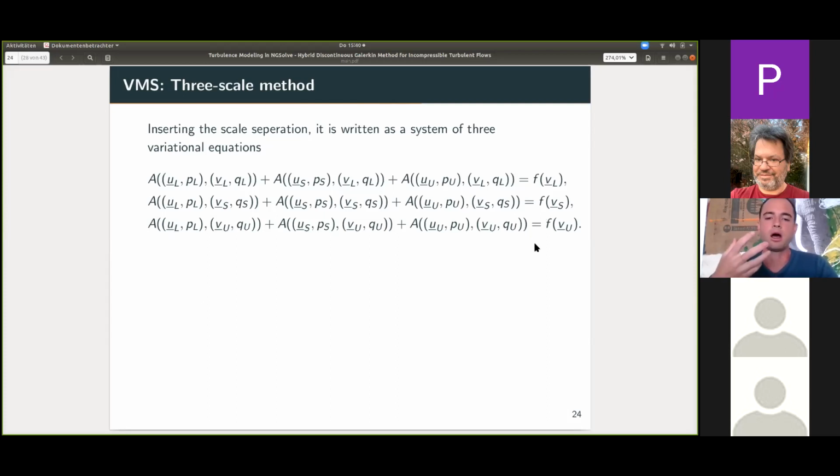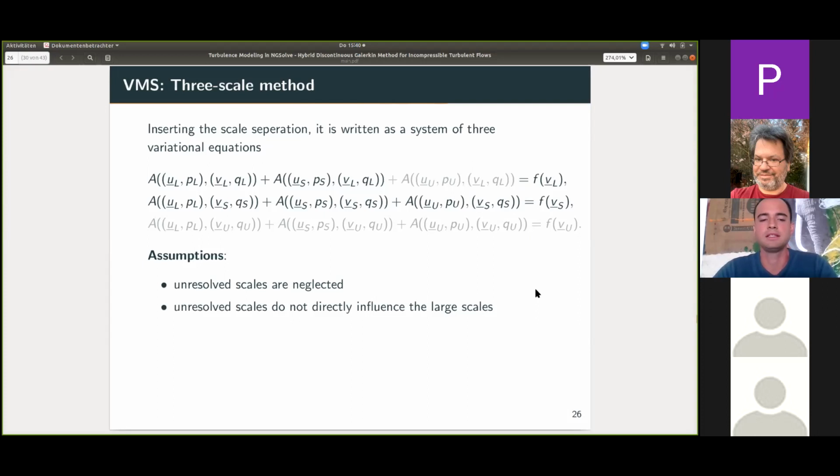And since we are now not interested in resolving all scales, we want to have a scale separation, we want to model the unresolved ones, so we have to define some assumptions. The first assumption would be that the unresolved scales are neglected. Therefore, the last equation will be neglected. The second assumption would be that these unresolved scales do not directly influence the larger scales.